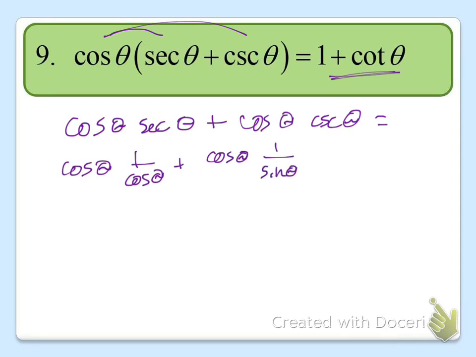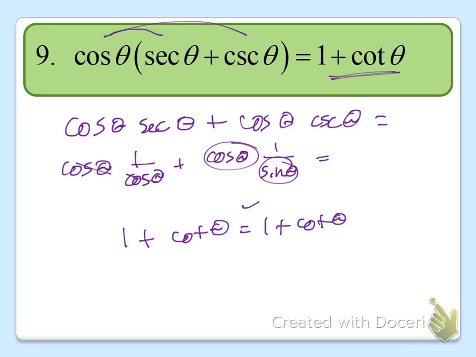So you get that. Cosine over cosine is just 1. Cosine over sine gives you cotangent, and so we're right back where we were in the last problem. 1 plus cotangent theta, and we verified that. Okay?